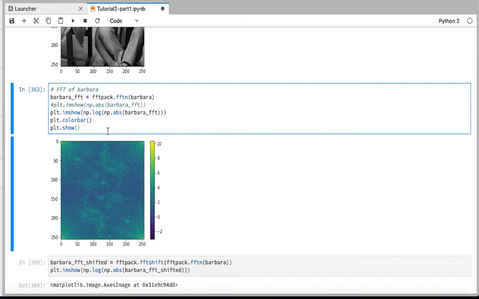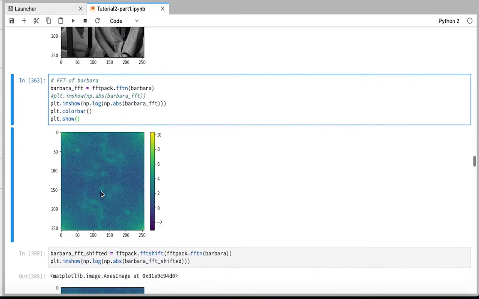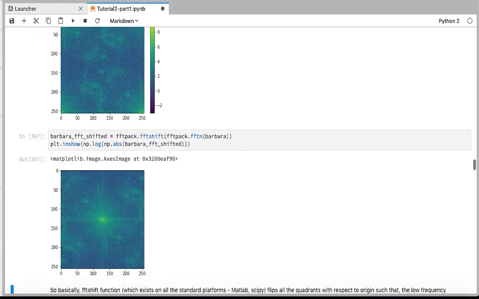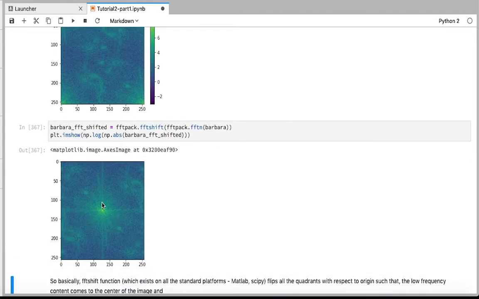Your fourth quadrant is swapped with the second quadrant, and the same with 1 and 3. So when you shift it, you get something like this, right? In the center it's the low frequencies, and as you move away it's the high frequencies.